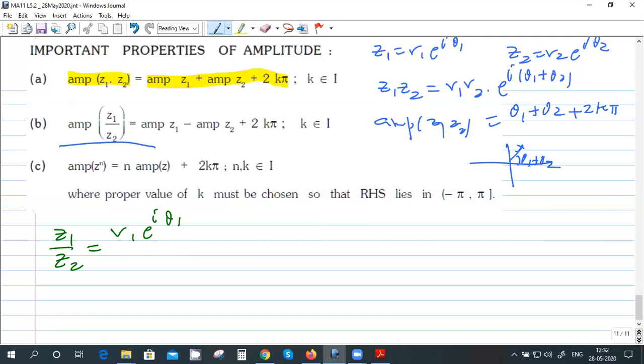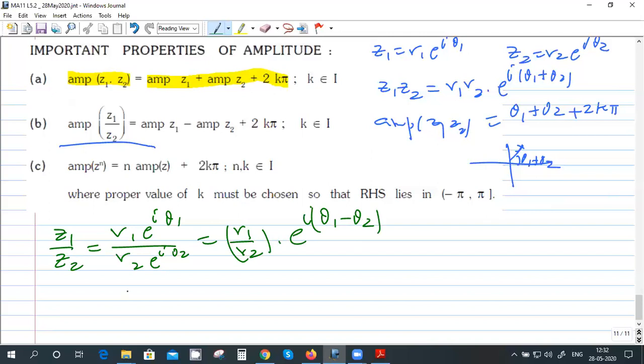And z2 is r2 e raised to the power i theta 2. So what is this equal to? It's r1 by r2 into e raised to the power i (theta 1 minus theta 2). Is that correct? Okay.